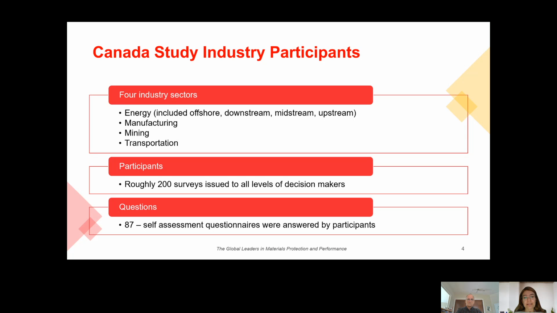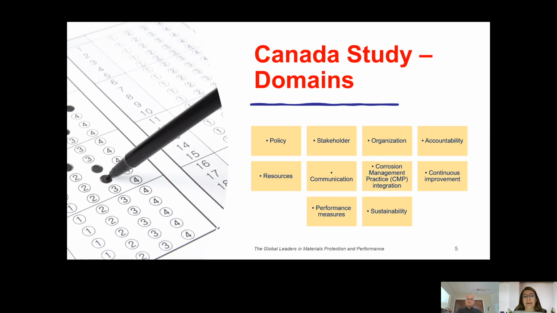There were 87 self-assessment questions contained in the questionnaires that were sent out. There were questions in all of the study domains, and these domains come from the Impact Plus, which Elaine can certainly give you a lot more insight on if you have questions right now. Basically, we asked questions on policy, stakeholder, organization, accountability, resources, communication, CMP, which stands for Corrosion Management Practice Integration, continuous improvement, performance measures, and sustainability.